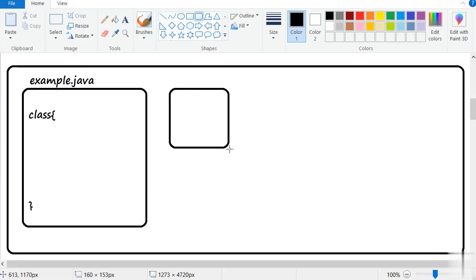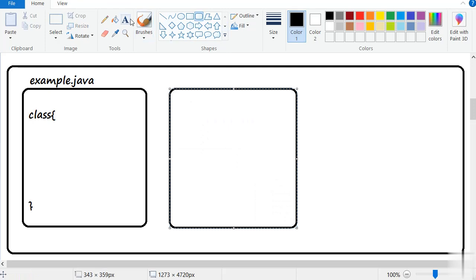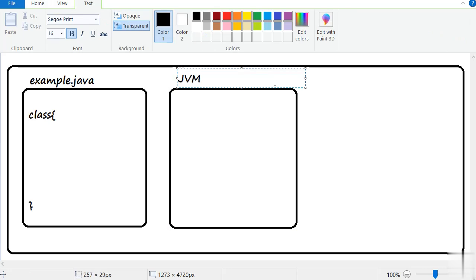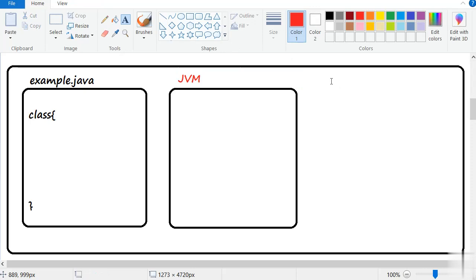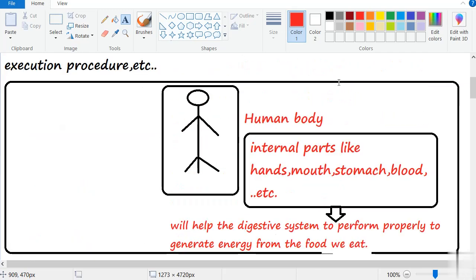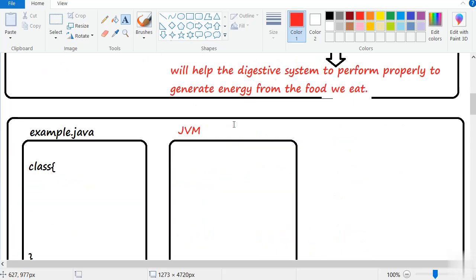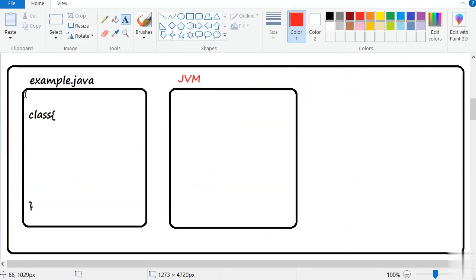And this is my JVM. If you compare JVM with our body parts, here food is nothing but a program. If you compare with the human body, food is a class for JVM. This class is food for our JVM.